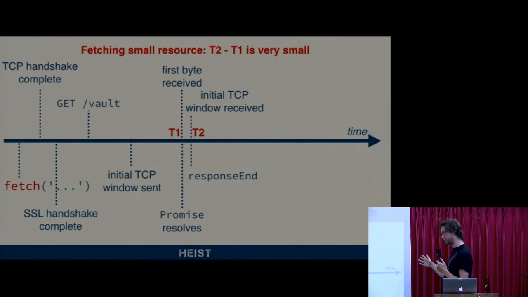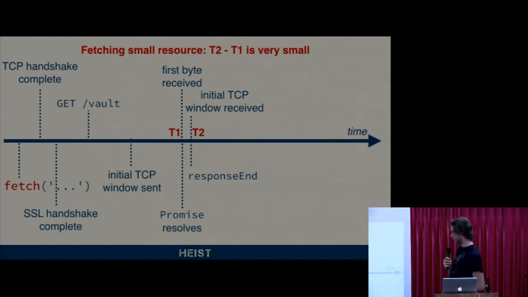It will send a GET request, and then once bunnybank.com receives this request, it will return the response. So that's the initial TCP window sent. And then at what I call T1 is when the first byte of the response has been received by Mr. Sniffles. And that coincides with the resolution of the promise that was returned by the fetch operation.